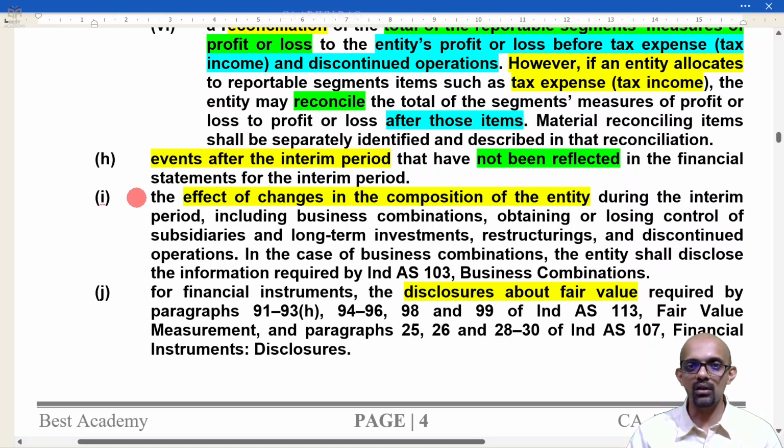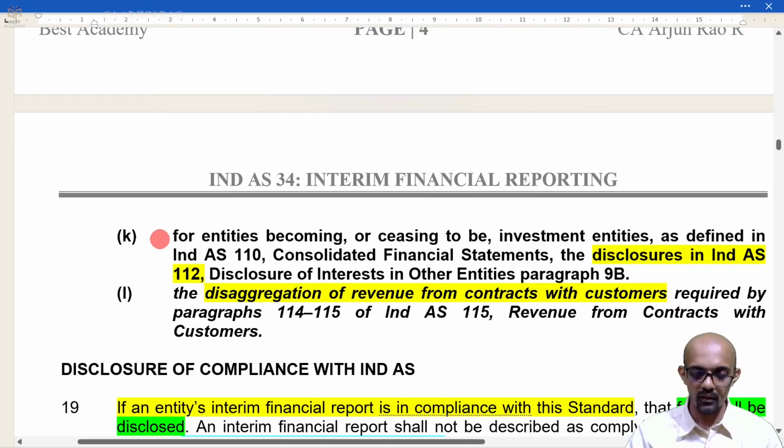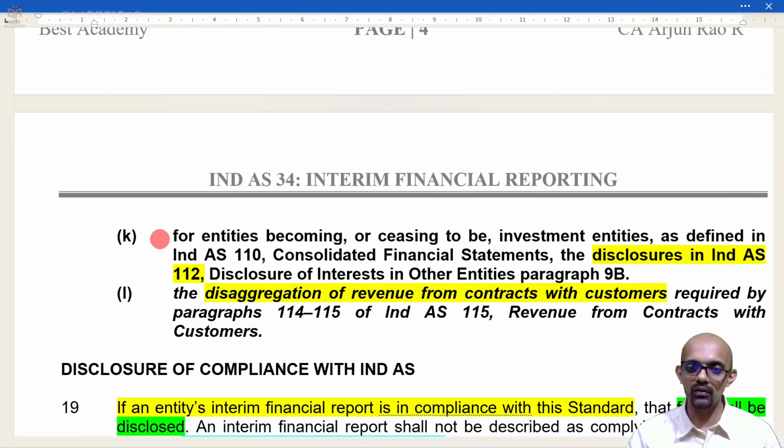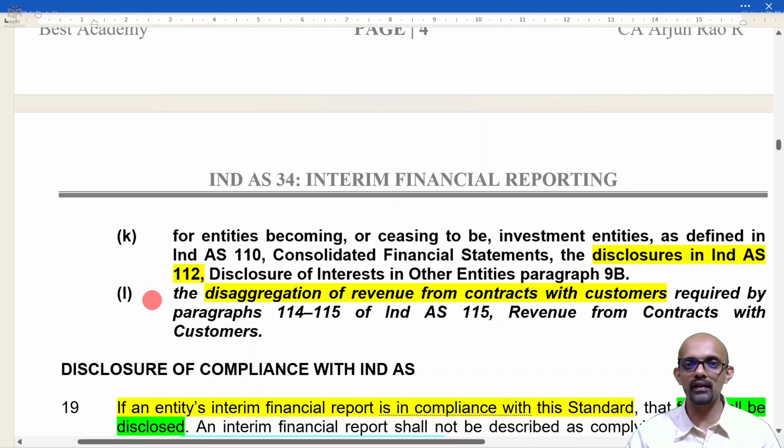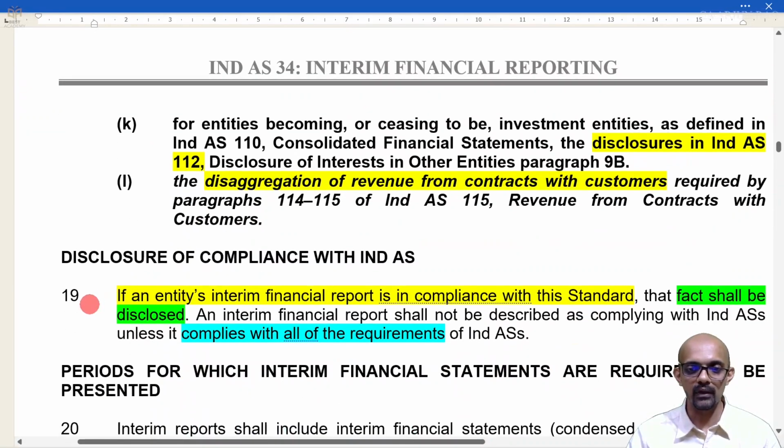Then changes in the composition of the entity, like business combinations and so on. Then disclosure of fair value for financial instruments. Then if entities become an investment entity or cease to be investment entities, the relevant disclosures. Then disaggregation of revenue from contracts with customers, that is, different categories of revenue, is also required.